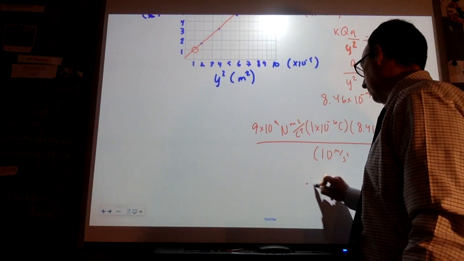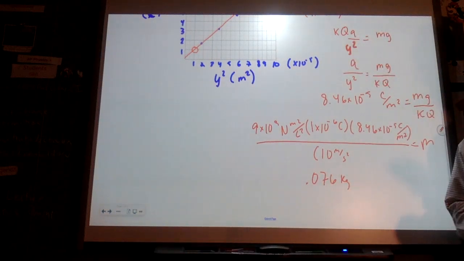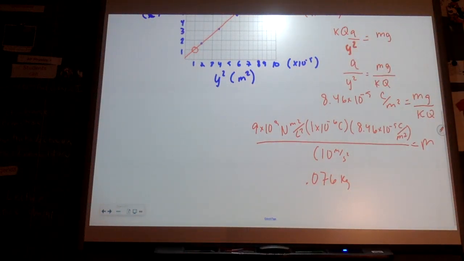And I got 0.076 kilograms, so 7.6 grams.